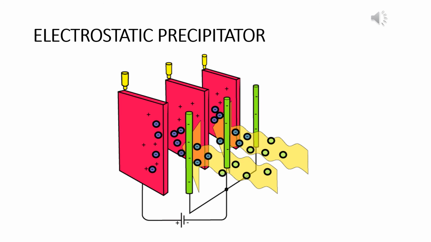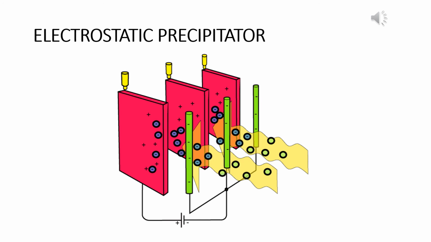Some of them are positively charged and others are negatively charged. When the dirty air is inserted into the electrostatic precipitator, the particulate matters are also charged, either positive or negative. Now we know from the law of electricity that unlike charges attract and like charges repel.